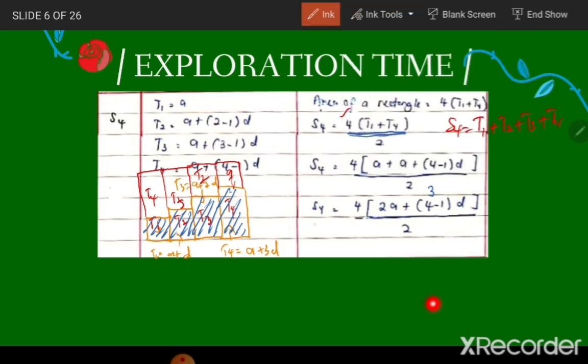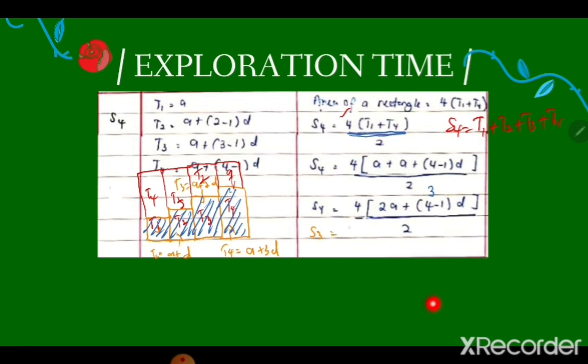Before, we have S3, in which this is 3, this is 2a plus 2d over 2, and then we have our S2, 2a plus 2 minus 1 d over 2, and let me rewrite it as 2a plus 3 minus 1 d.